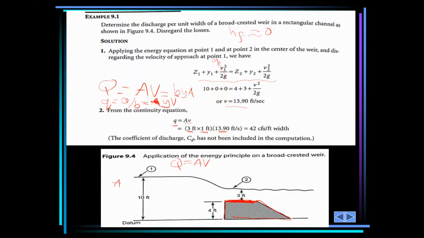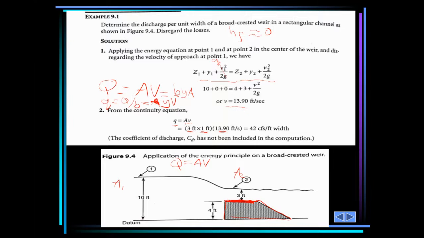For section 1, let's look at A1, A2. Now, you can tell me which cross-sectional area is bigger from this. I want all of you to respond.